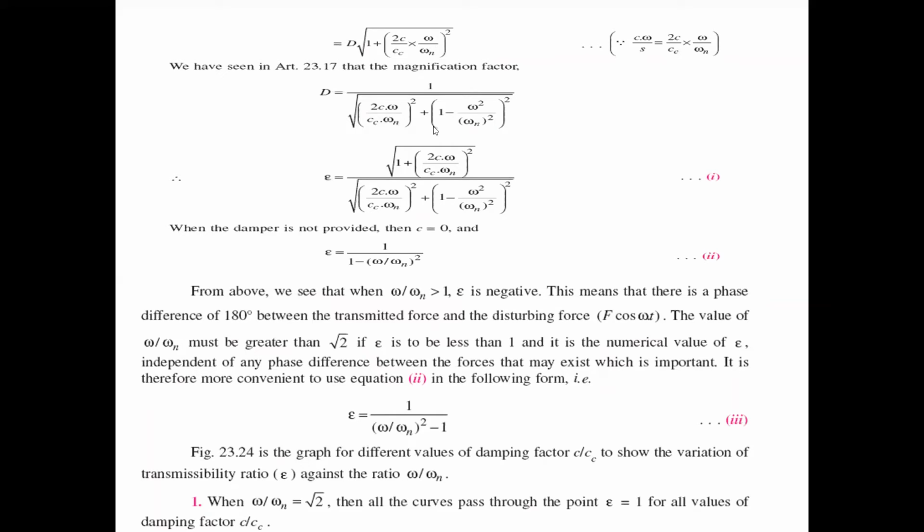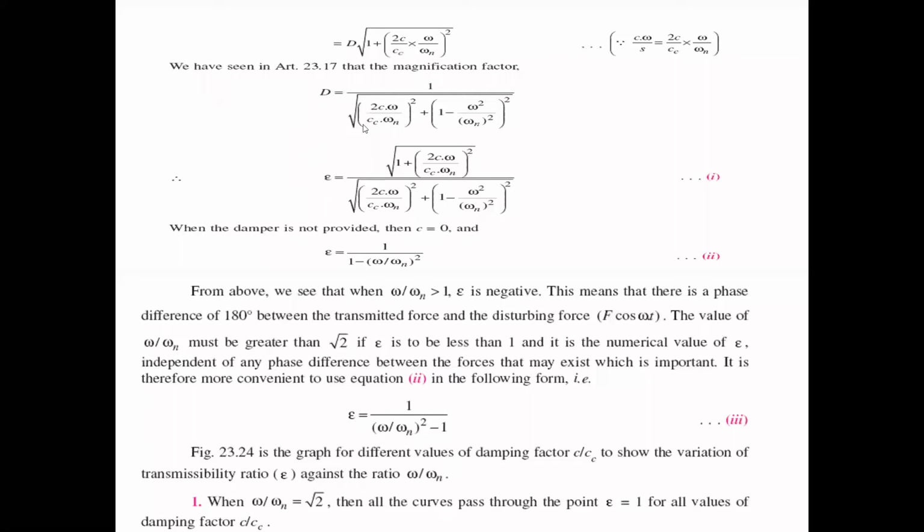That is the magnification factor, already calculated in the earlier session. So capital D equals 1 by square root of (2c omega by cc omega n) whole square plus (1 minus omega square by omega n square) whole square. That is our magnification factor.